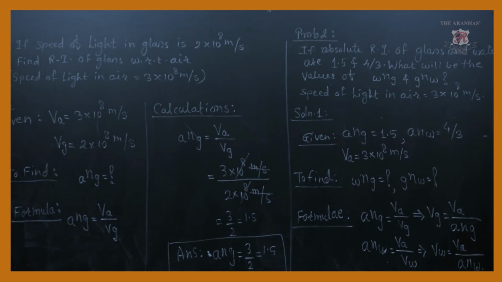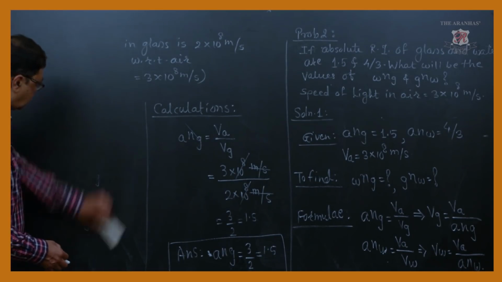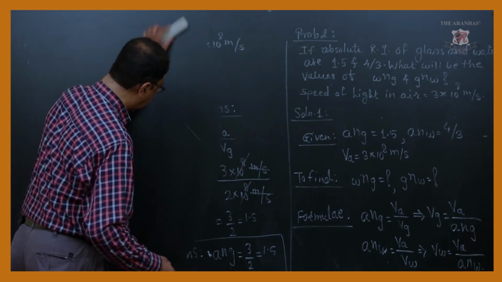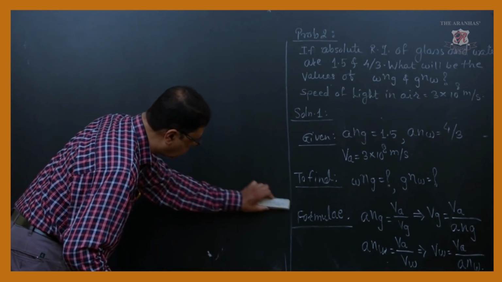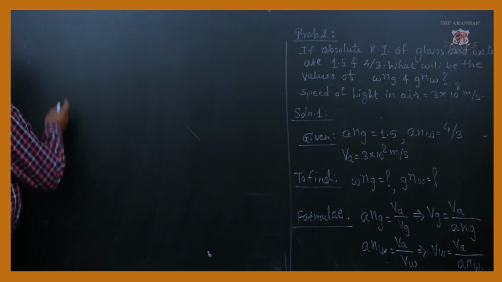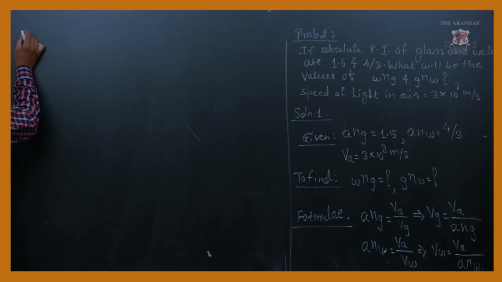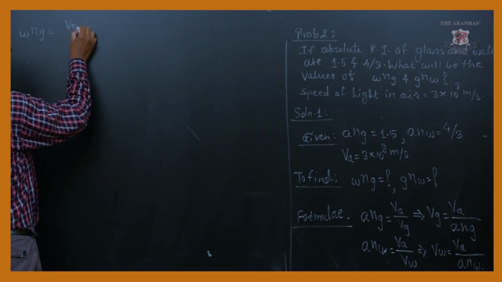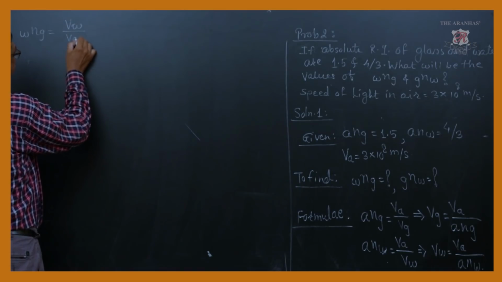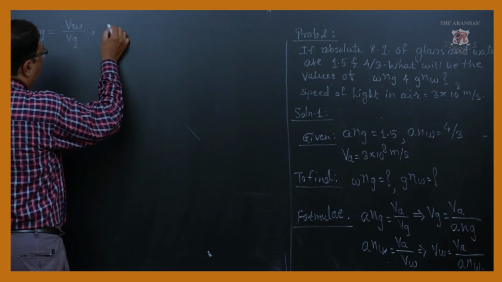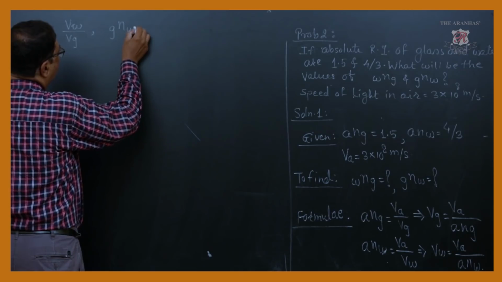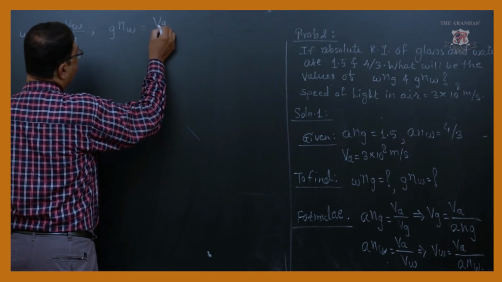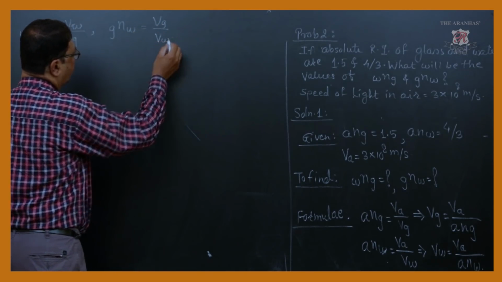The third formula that will be needed is w_n_g equal to Vw upon Vg, and the fourth formula g_n_w equal to Vg upon Vw.